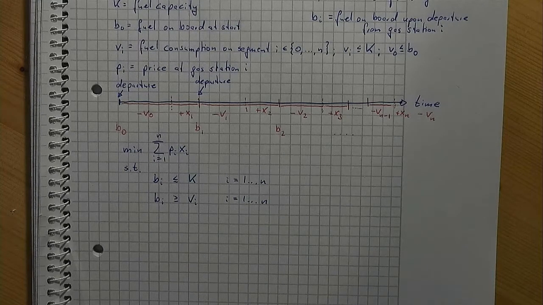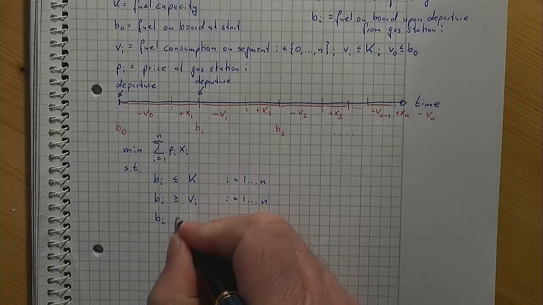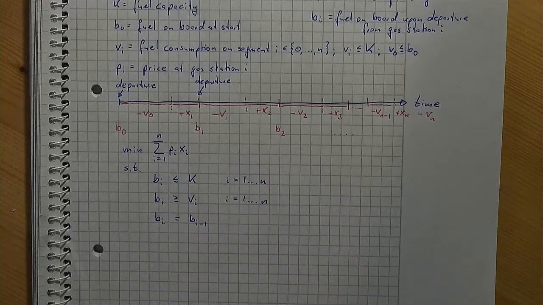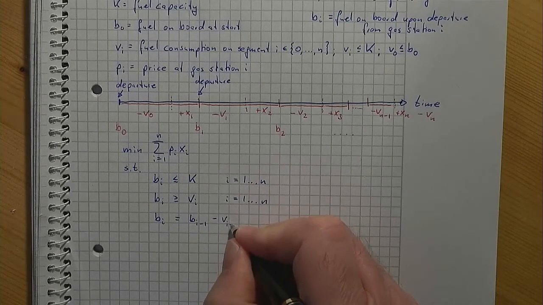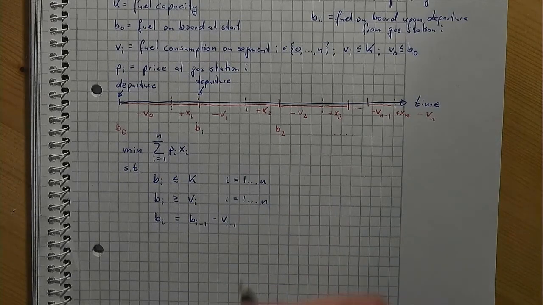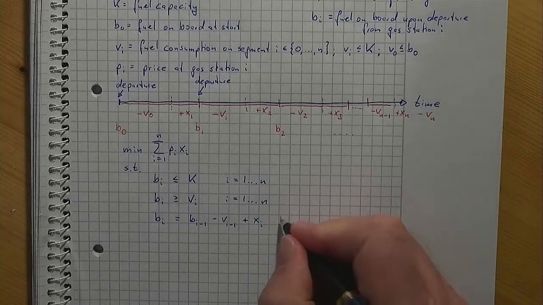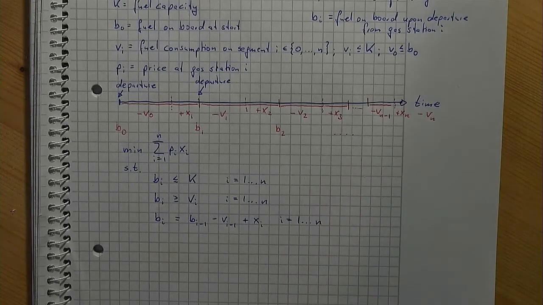Formally, we have the new state equals the old state minus fuel consumption plus the fuel bought. The domains of the decision variables complete the model.